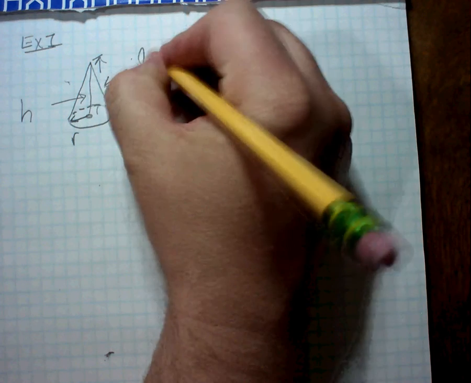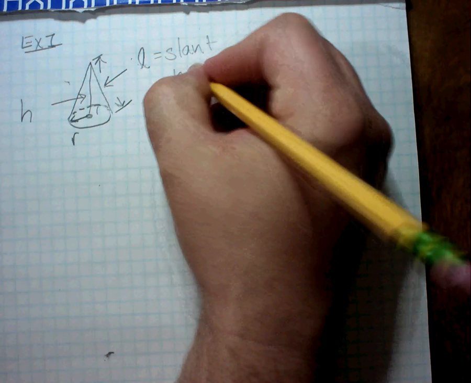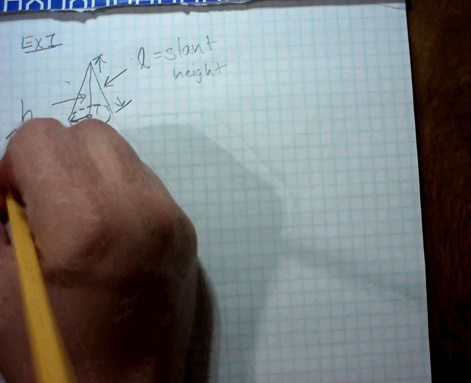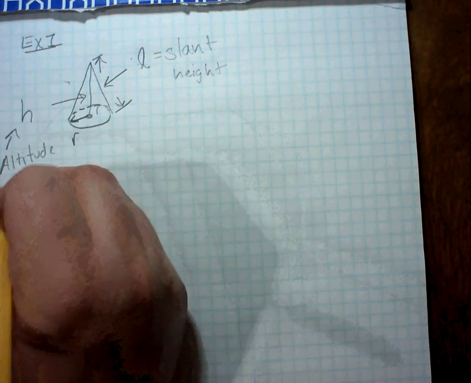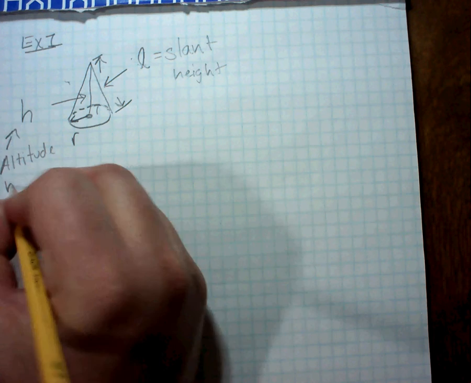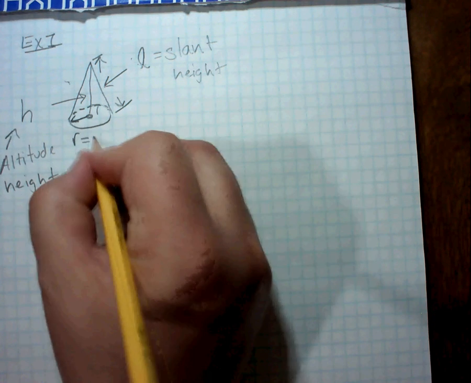And we use the letter L for slant height. So this is what we call slant height. This is what we call altitude height. And this is what we call the radius.